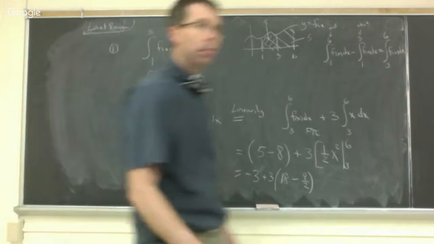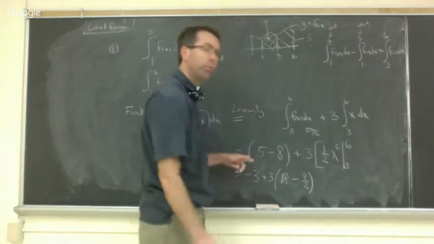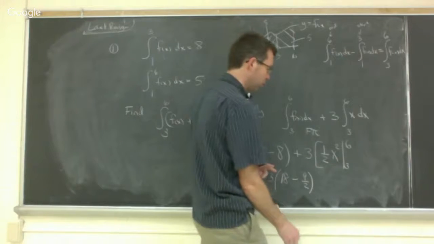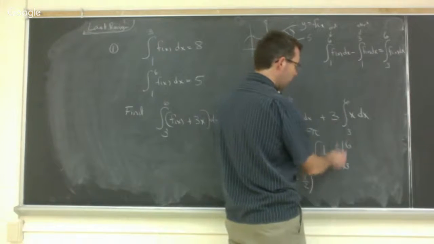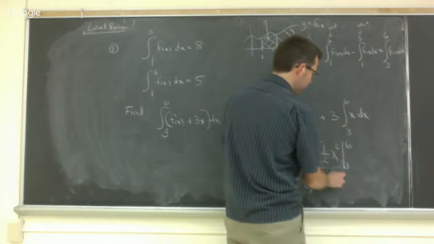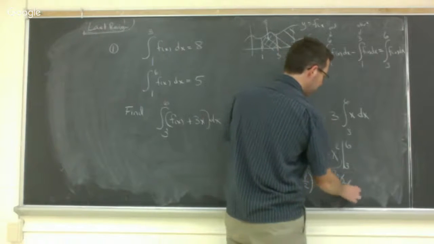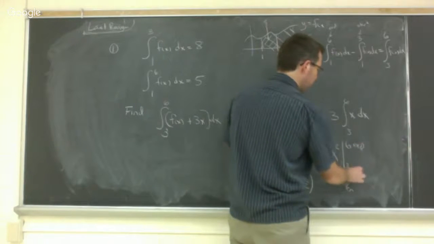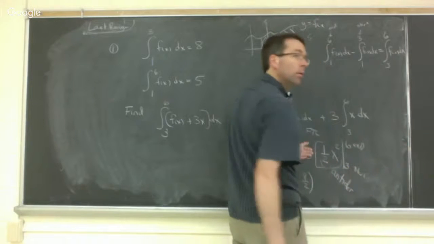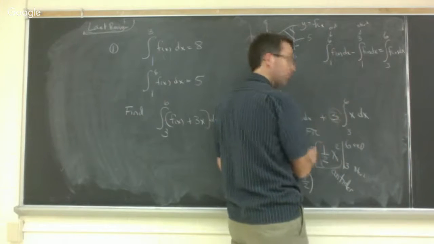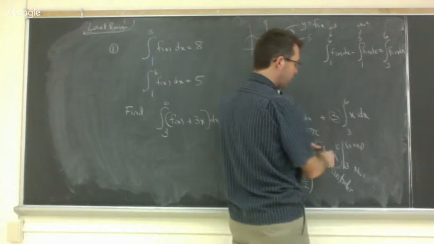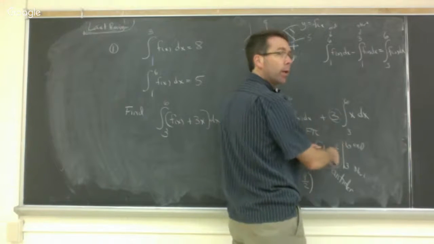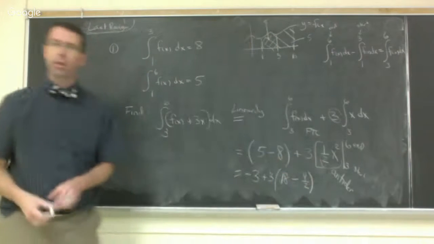So that's when you did the antiderivative, end minus start, times the 3 from the constant multiple. Or you could have left the constant 3 in there, and then the antiderivative would have been 3 halves x squared. So you didn't have to bring the 3 out if you didn't want to.